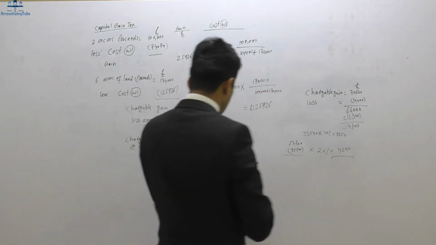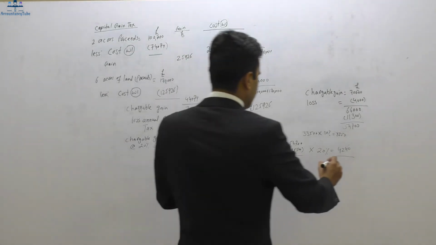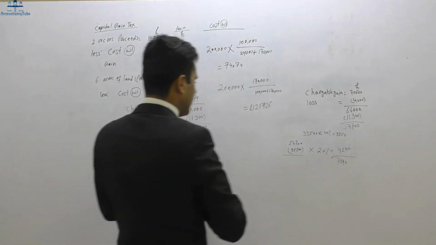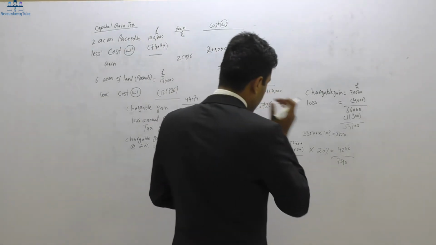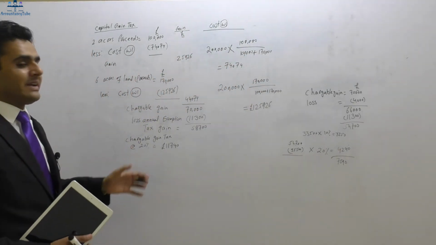So the total capital gains tax will be 4,240 plus 3,350. That is 7,590. Right? So that is our capital gains tax of 7,590 while setting off the loss.